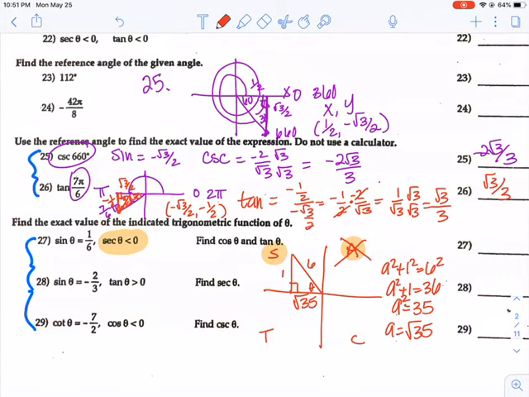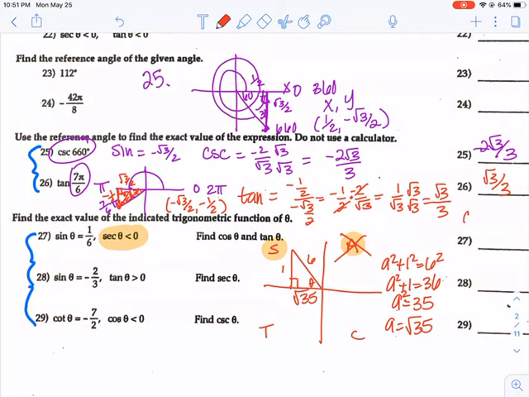So cosine would be adjacent over hypotenuse. So rad 35 over 6. And it's going to be negative because we're going left. So negative rad 35 over 6.